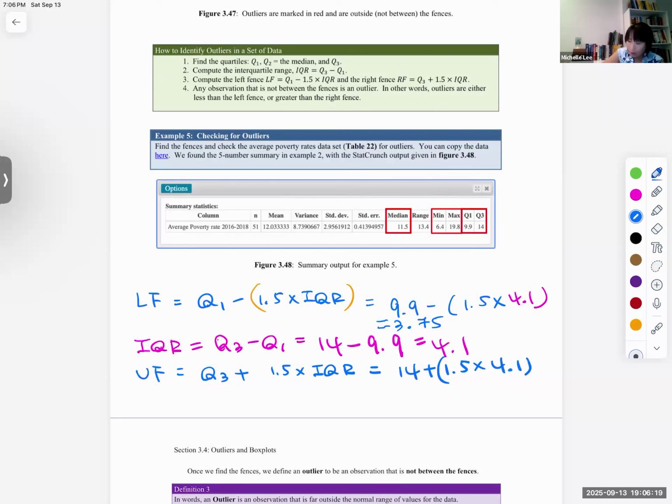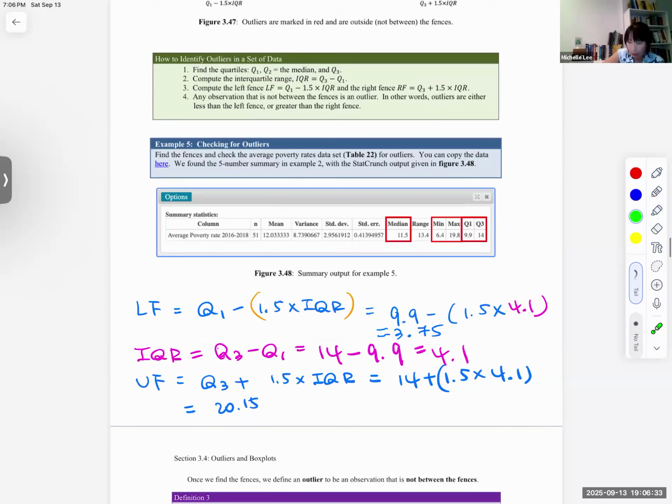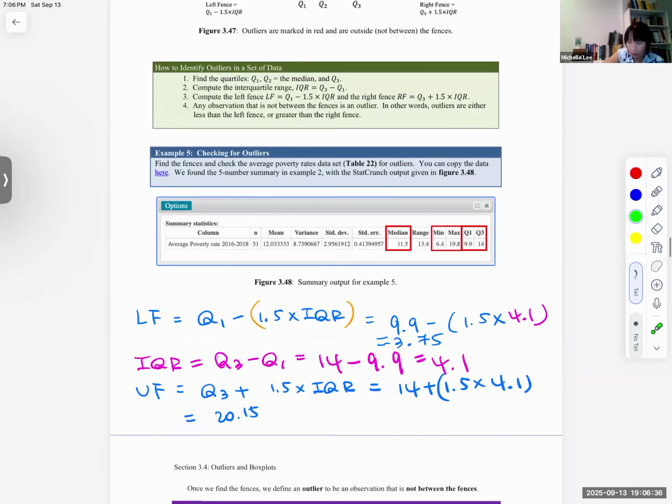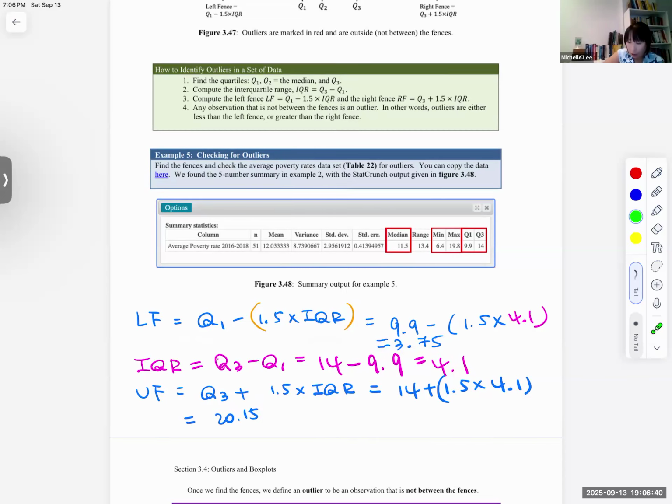Does any data value fall below 3.75 or bigger than 20.15? No, right? Because I remember that the minimum was 6.4, and the maximum was 19.8, right? So no data is below the lower fence or bigger than the upper fence.